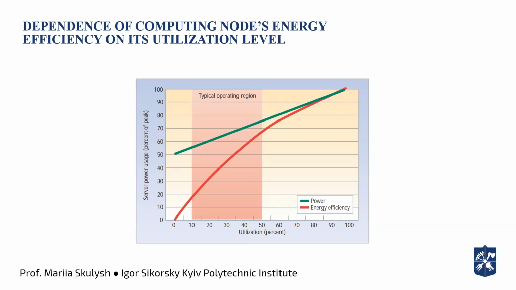But energy efficiency, according to the classical experiments we have made, mainly was not linear.